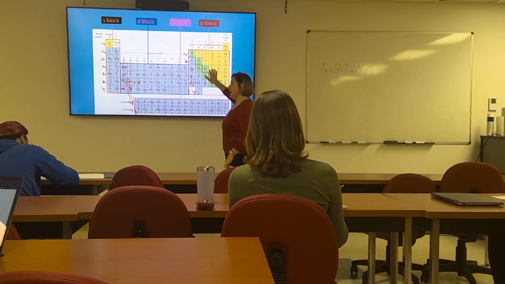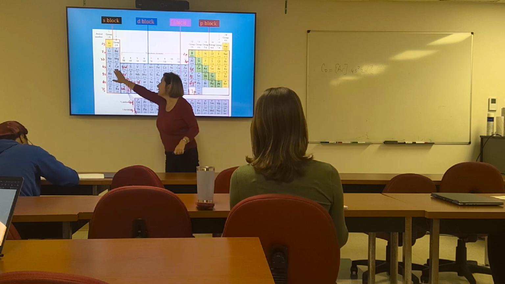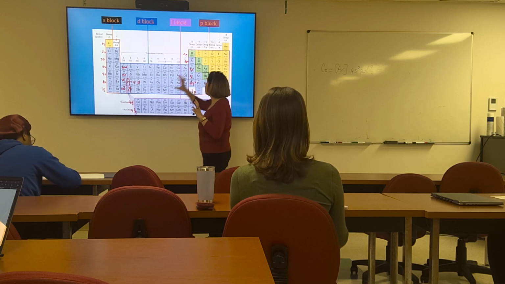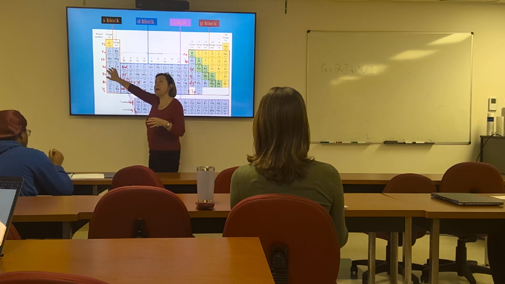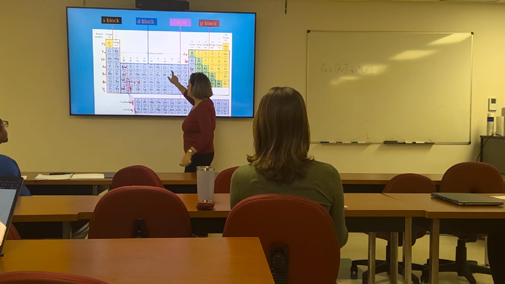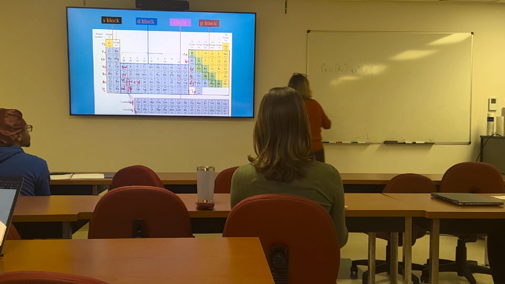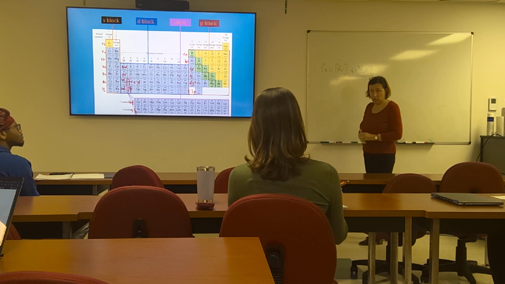Okay, so in the previous case of selenium, the valence electrons were in the 4s and the 4p orbitals. So for the s and the p block, the valence electrons are always in the s or s and p orbitals. But in this case, this is an element that belongs to the D block. And everything that you write after the noble gas, basically all of these are valence electrons.